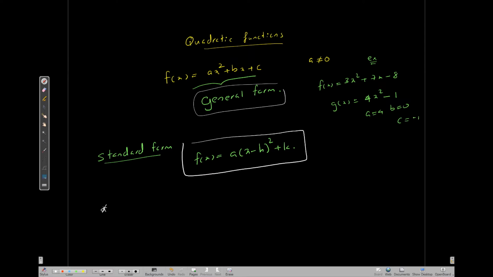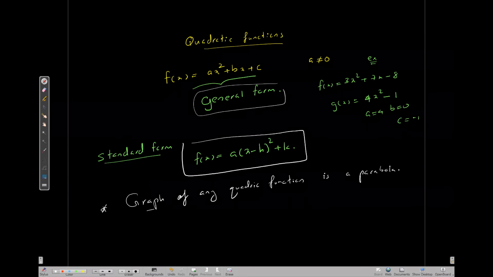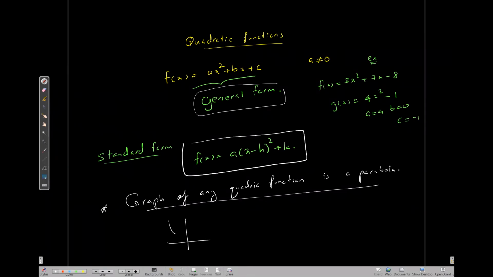The graph of any quadratic function, I think I told you this before, is a parabola. So for any quadratic function, you start with x squared, and using some transformation, you can have either an upward parabola or a downward parabola, like this or like that.